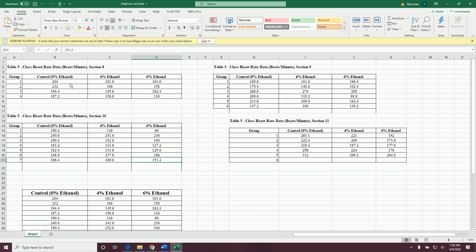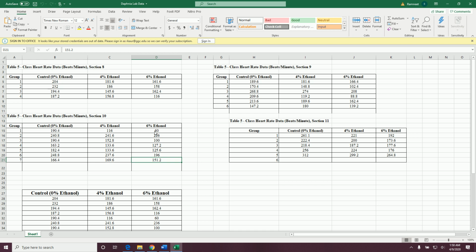So basically, if in the control group the heart rate is 232, with the 4% it becomes 186, which means it has decreased, and with the 6% it becomes 158. You can go over and check other data also. Here it is 190, it becomes 116, and with 6% becomes 60.